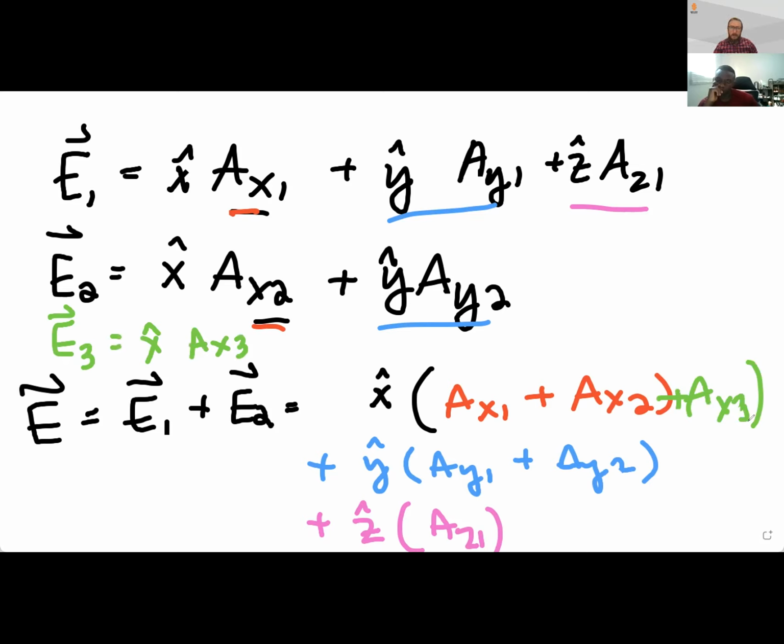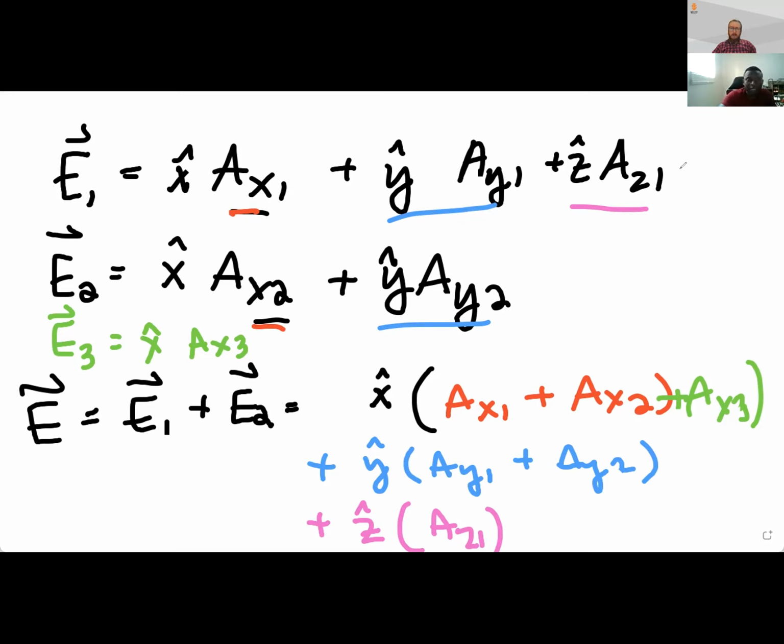Once you know the field in each of the three directions for your coordinate system, in Cartesian we just need X, Y, and Z. If you're in cylindrical, R, phi, Z, as long as you have those three, you can sum them up. You can sum up as many fields as you want, and you will get the total field at a location. Superposition just means add everything up at the point that you're interested in.